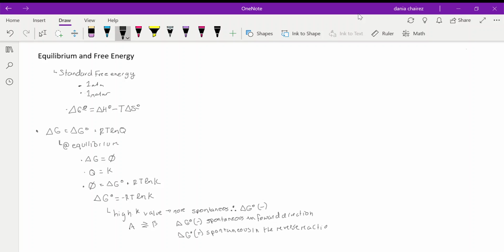So what that means is that, let's say that your A is a liquid and your B is a solid, your reaction would be spontaneous in the reverse, as in you would go from products to reactants more likely than you would go from reactants to product, just because your liquid is more favorable than your solid. So that's what it means by spontaneous in the reverse reaction. It just means that going backwards, it would be more likely to happen than if it were going forward.